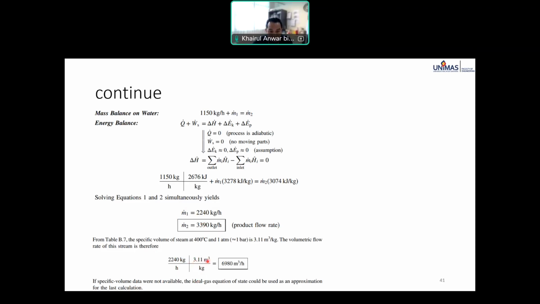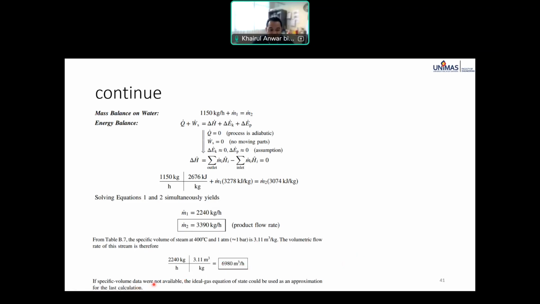So this specific volume is coming from table B7 at 400 degrees C. Why do you need table B7? Because table B6 is only till 221, the critical temperature. Then you get 6980 meter cube per hour.